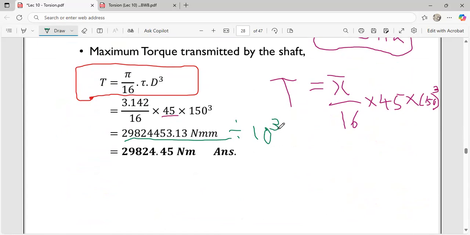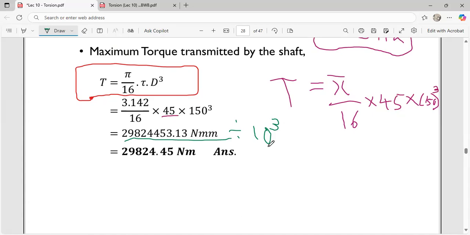Let's all try that together. 298,244,53.13 divided by 10 exponent 3, and what are we going to get?